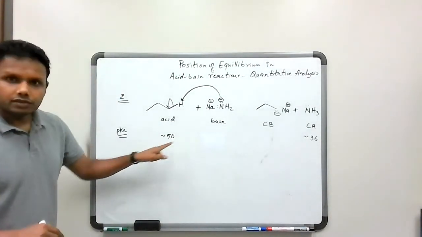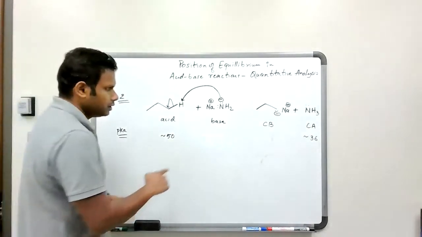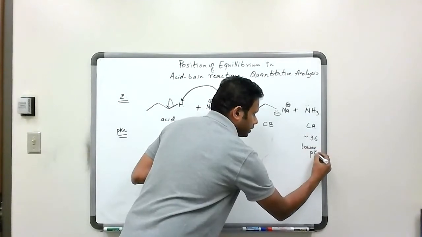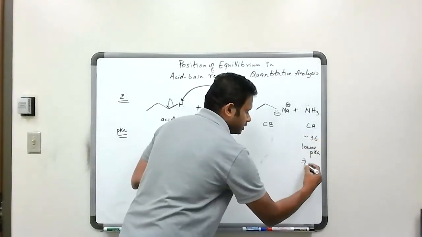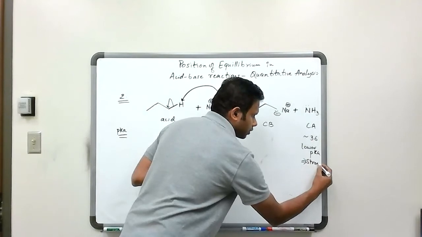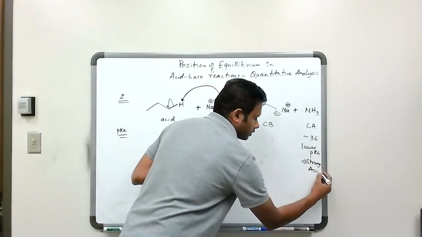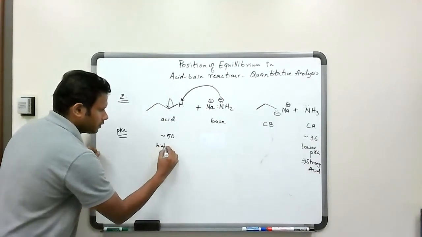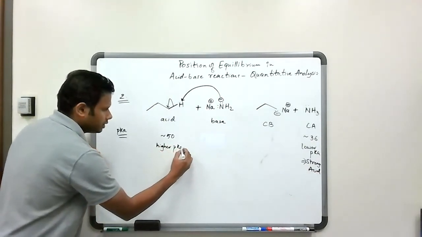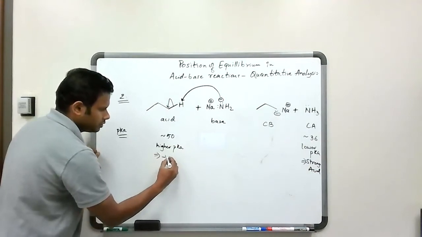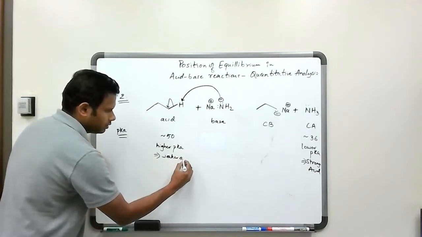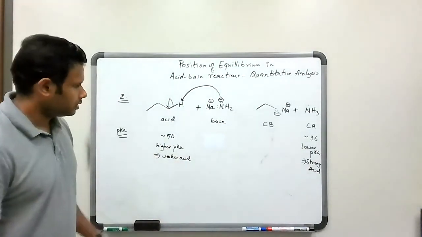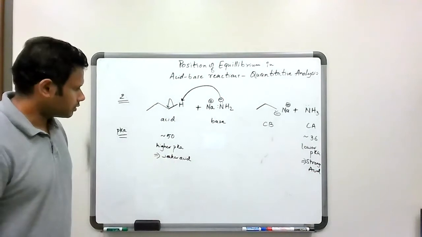So, based on these 2 pKa values, we have lower pKa here, which means this is the stronger acid, and this is the higher pKa, which means this is the weaker acid. So low pKa means strong acid, high pKa means weaker acid.